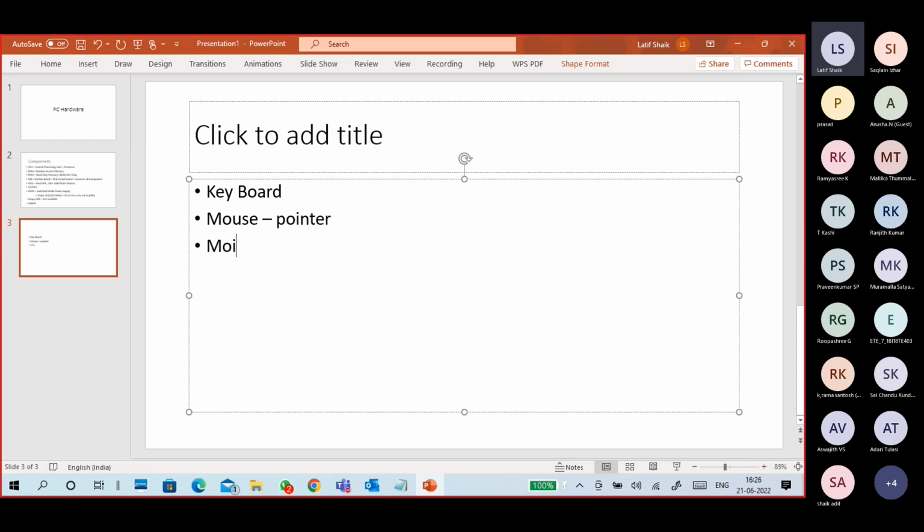Monitor. Monitor is an output device. Printer, output device. Scanner, input device. What is a scanner, guys? It converts hard copy to soft copy.